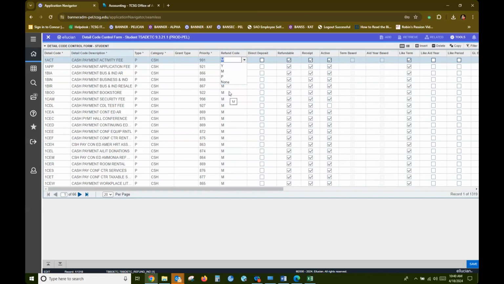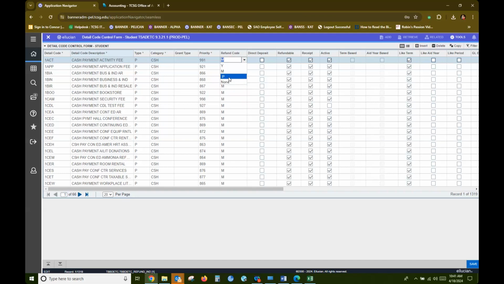The only thing that you have to know about the refund column is never, ever, ever set the refund code to P. Don't ever do that. P means a Parent Plus loan, and you will start getting these weird messages on your detail codes when you're trying to enter data into TASREV, and you won't know what in the world is going on.